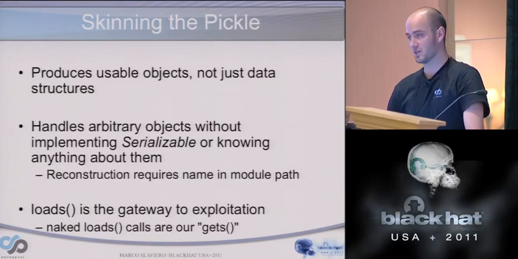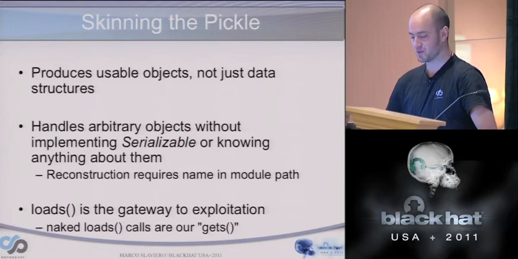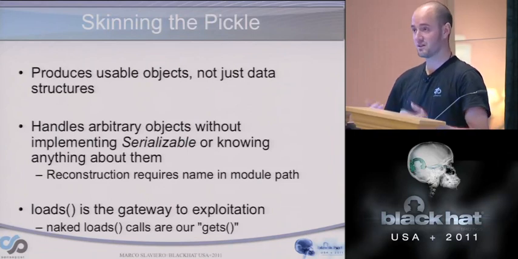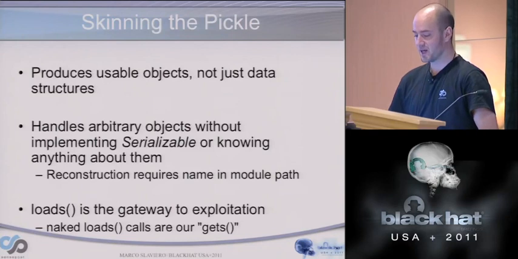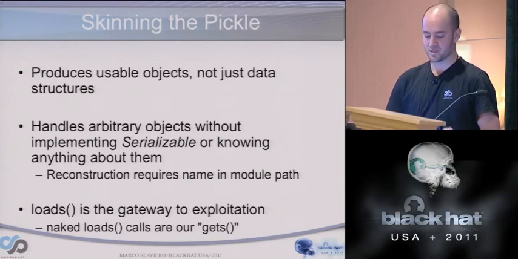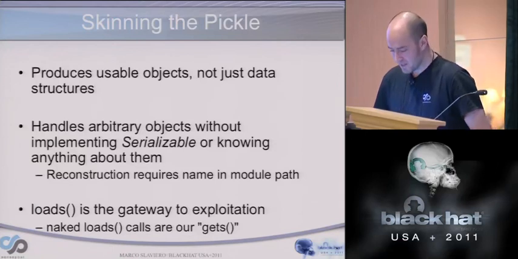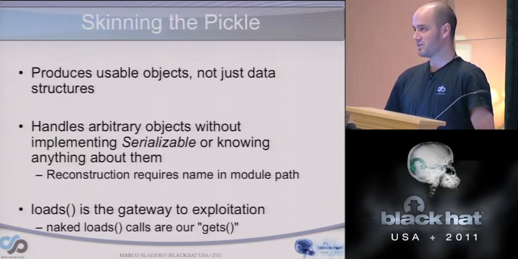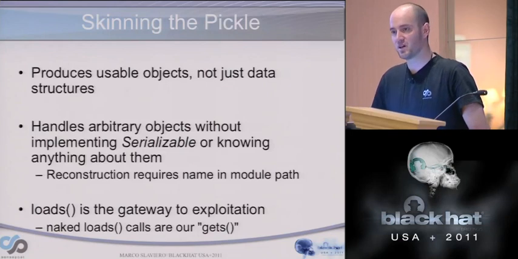So it is possible for Pickle to create serialized objects without knowing anything about the object that it is trying to serialize. The only requirement that the Pickle module has is that it can reconstruct an instance of that object that it is trying to create. In other words, does that object have a constructor available in the current environment? And so as I mentioned, this call to loadS, that's the gateway to our exploitation. So if you're looking for an analogy, loadS is somewhat like gets in the world of memory corruption.